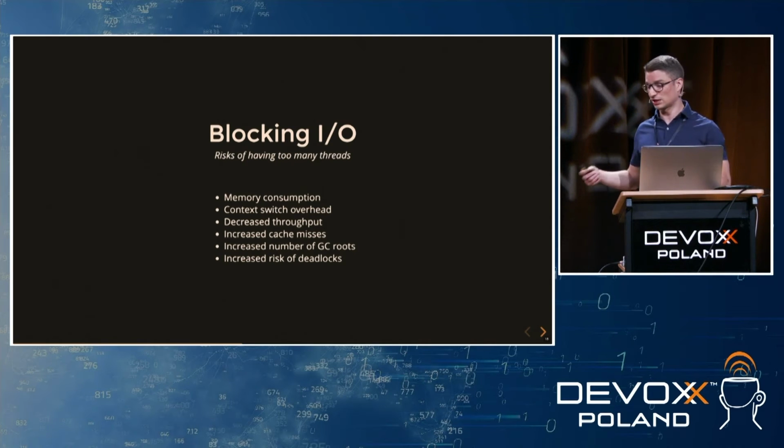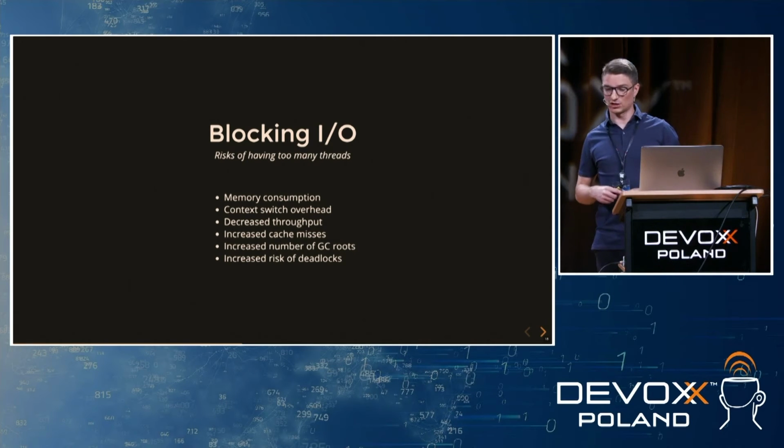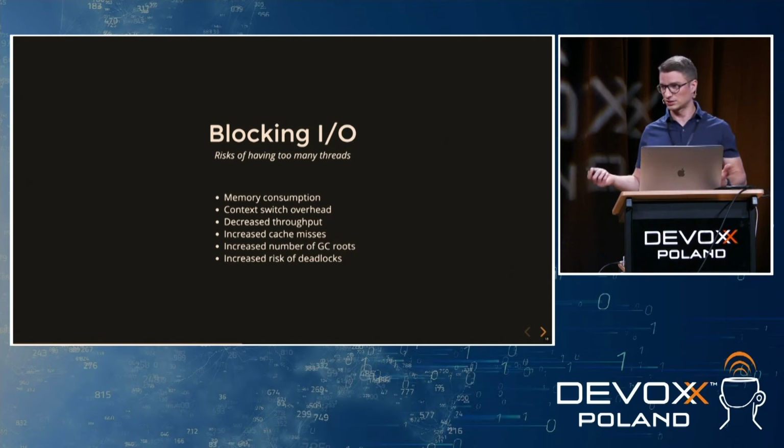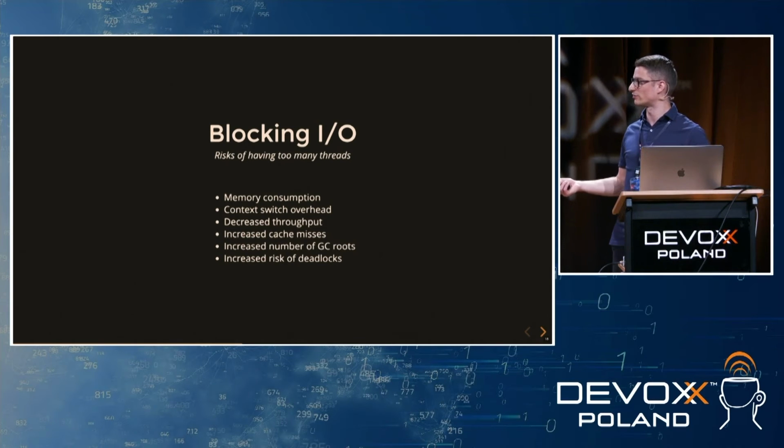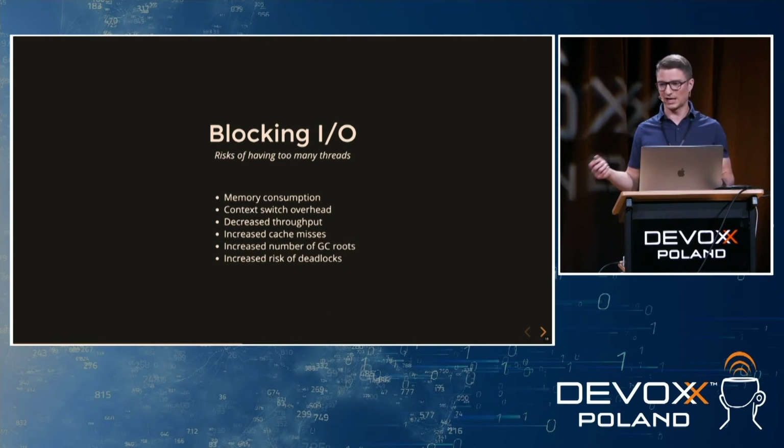If we have a lot of context switches, we will also have a lot of cache misses, because we will be constantly clearing and populating cache values. Such an application might behave like there's no caching at all, but in reality, it might behave even worse, because we will pay the price for the overhead. We will be constantly clearing and populating cache values, and it has a price, and we will pay for that.